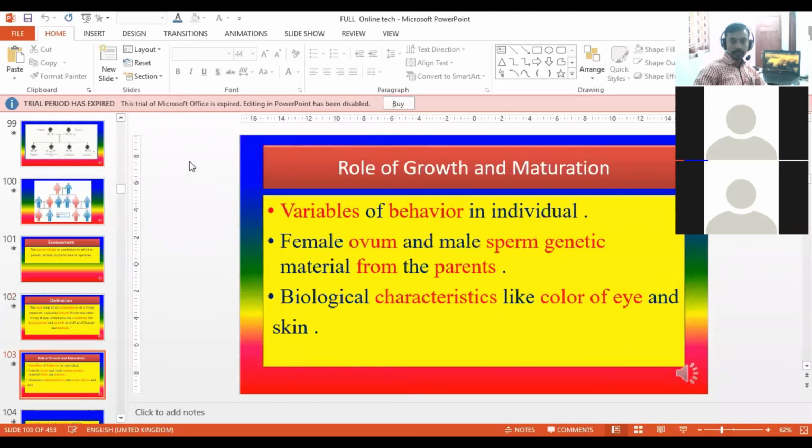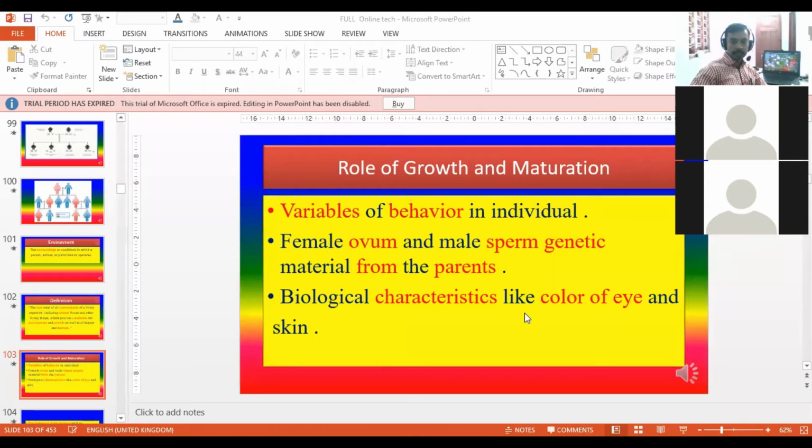Role of growth and maturation. Variables of behavior in the individual: the female ovum and male sperm, genetic materials from parent to parent.